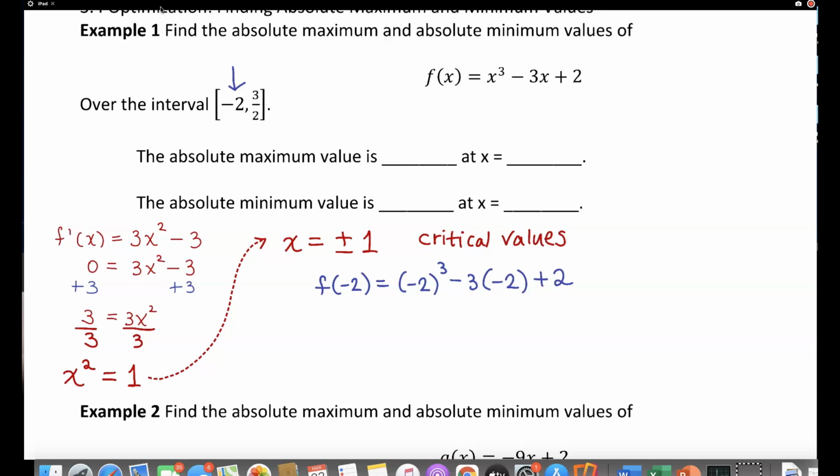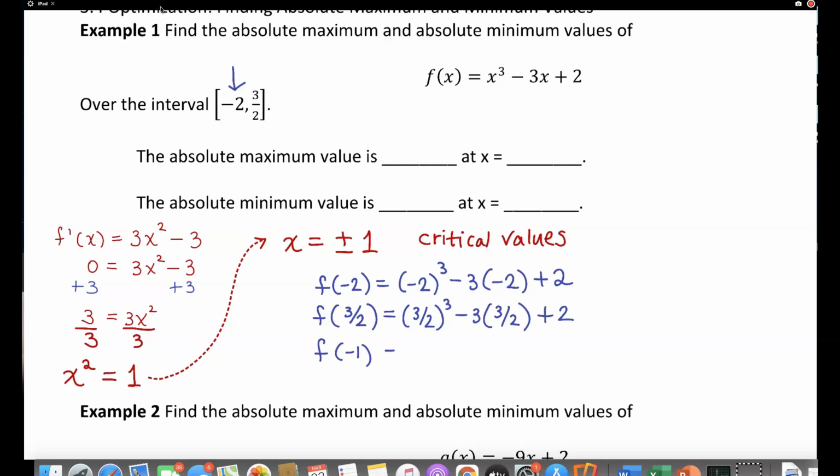I'm going to pause the recording and do this on my calculator. Next, you can do your endpoints first. Check 3/2, which is 3/2 cubed minus 3 times 3/2 plus 2. And now you're going to plug in your critical values.